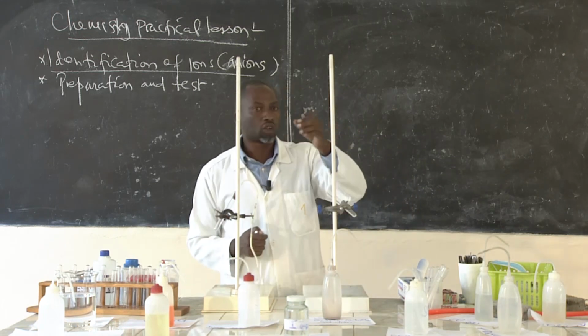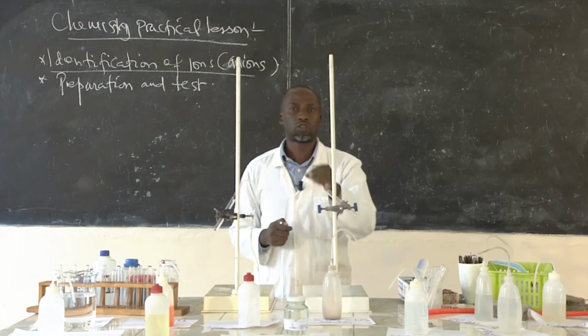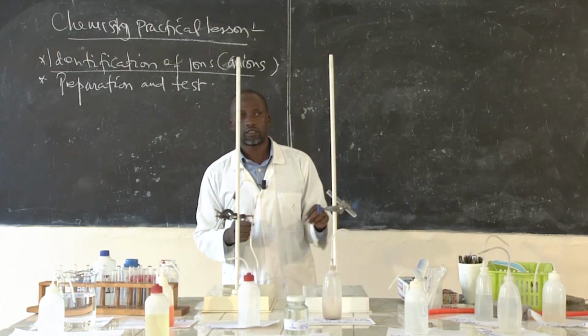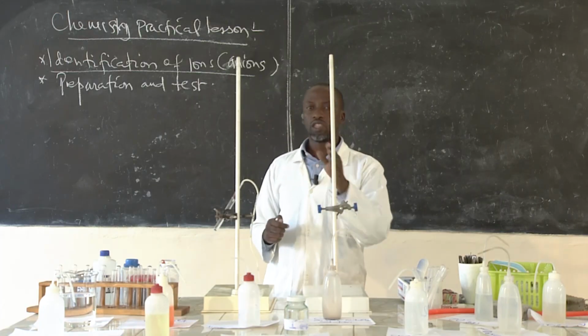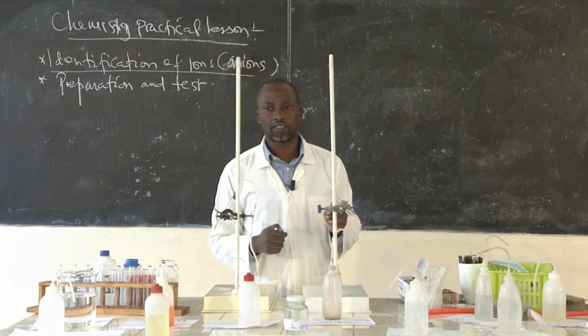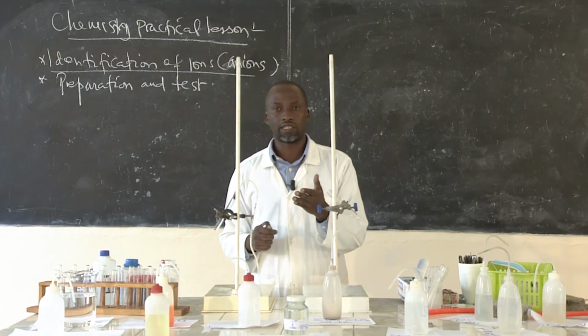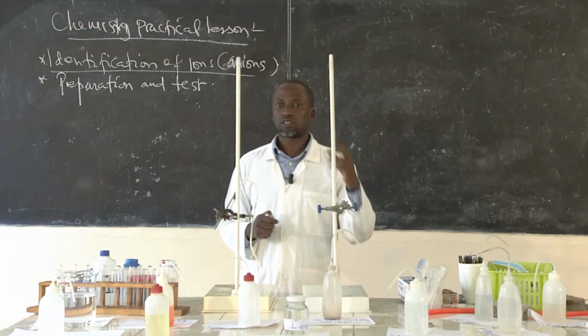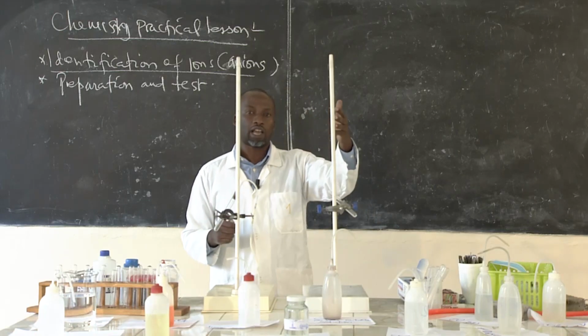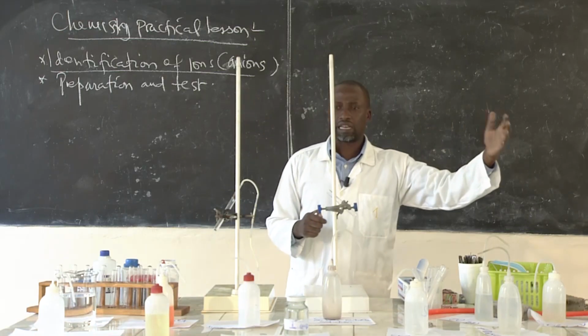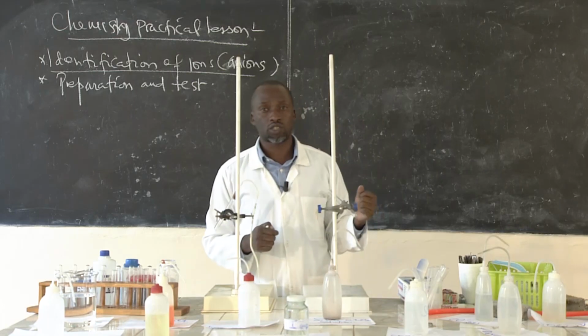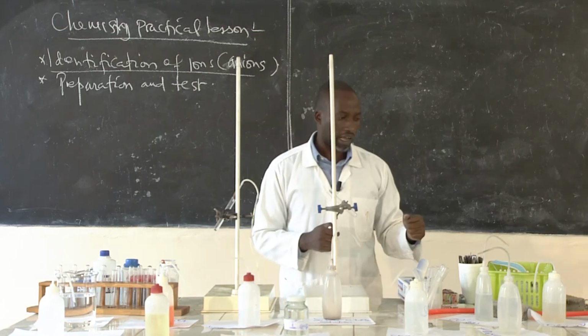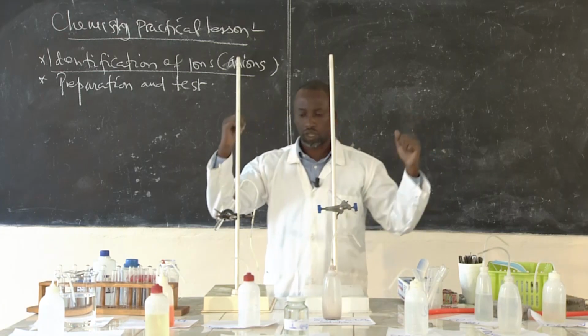Again, we also mentioned the reaction between sodium chloride, that is the table salt, with concentrated sulfuric acid. It also gives hydrogen chloride or hydrochloric acid, which reacts with manganese 4 oxide to produce chlorine gas. So there are several methods that we talked about.